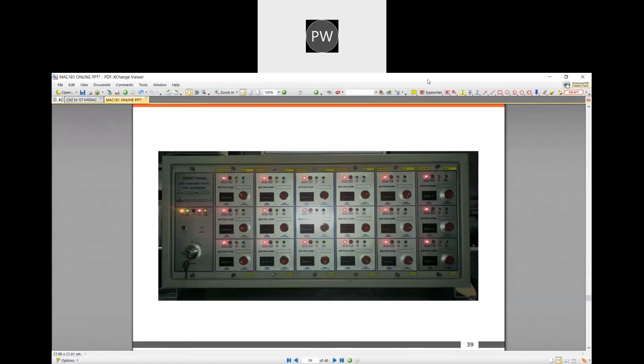Please, if any doubt is there, we can clarify. I think you can proceed to the next part if there are no doubts. Fine. We'll discuss how the installation is done for an auto section that we have already commissioned. Mr. Raju will explain that. After that, if any doubt is there, we'll proceed further.